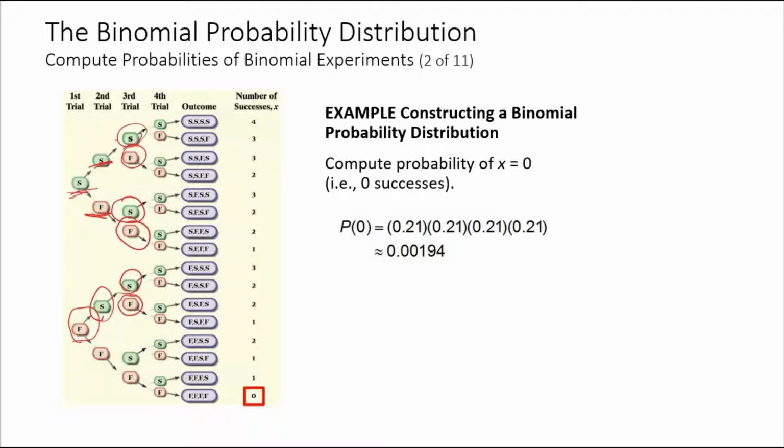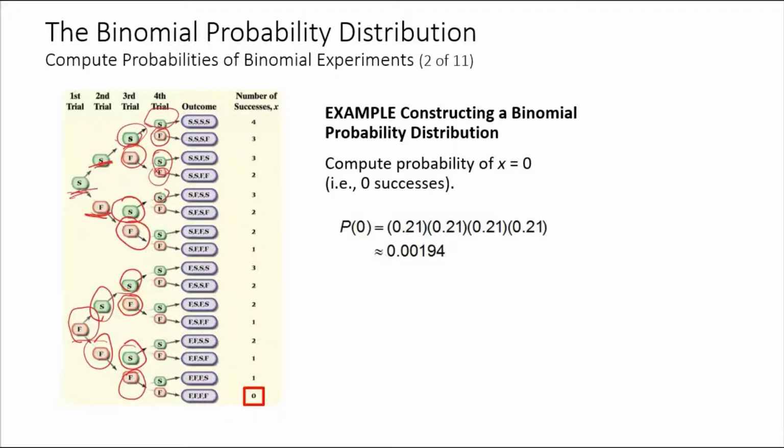Similar for the fourth flight, so it could be not on time or on time for all of these branches. So we will have all of these possibilities.